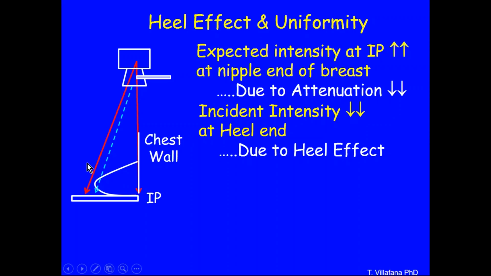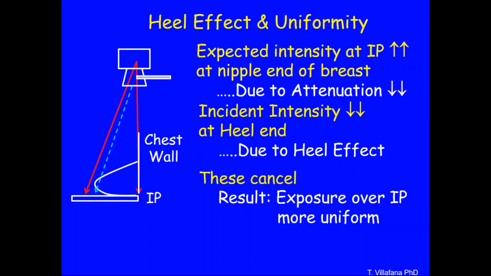So you've equalized the amount of radiation that actually arrives at the image plate, and if you've equalized the intensity at the image plate, you've equalized the noise at the image plate. So that the noise pattern is very uniform from one end of the breast to the other end of the breast. Okay? Mission accomplished.